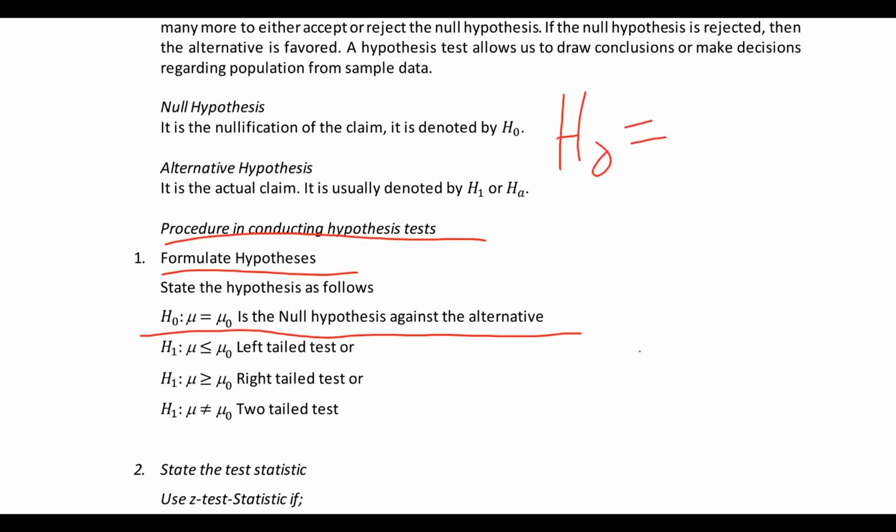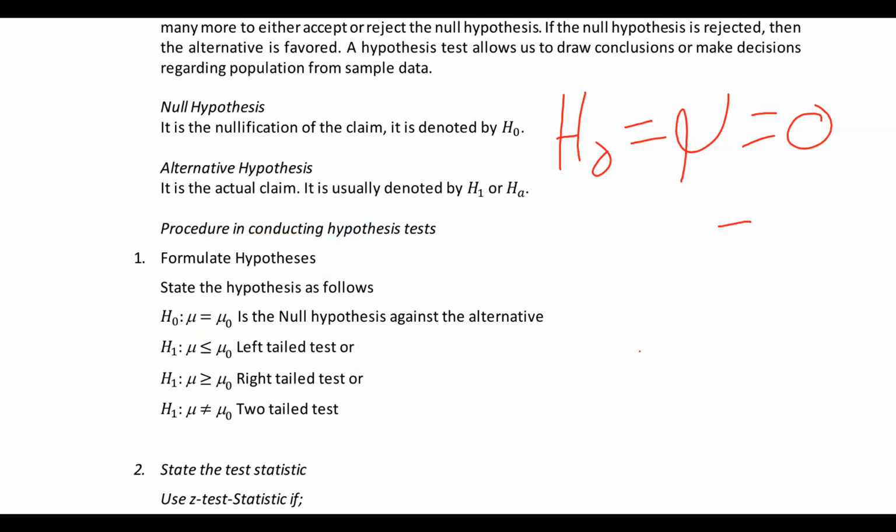So you propose that mu, the population mean, for example, is equal to 0, meaning it is equal to that given figure. Then the alternative hypothesis, HA, will be mu is not equal to 0.